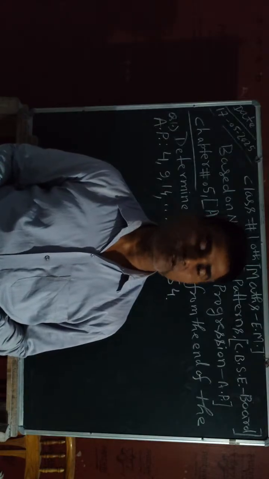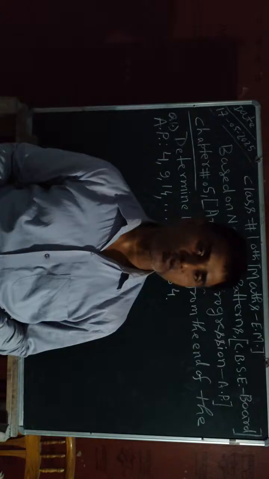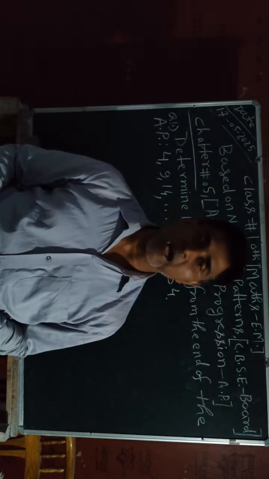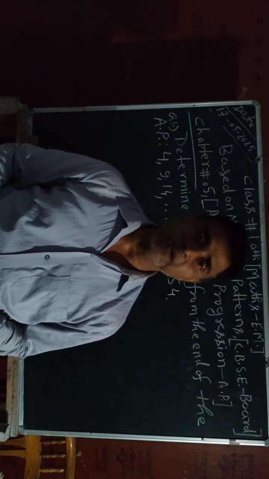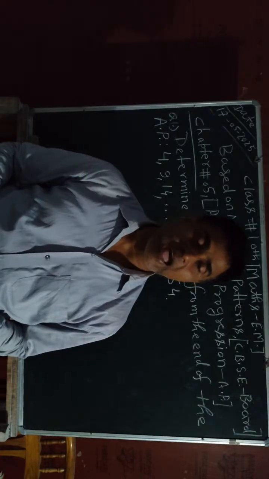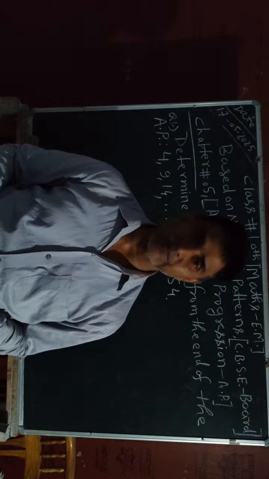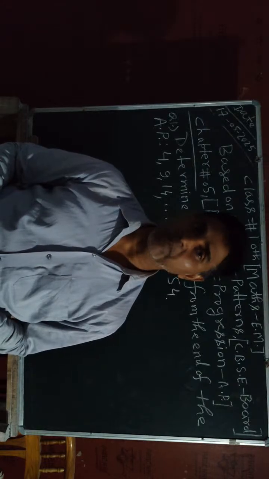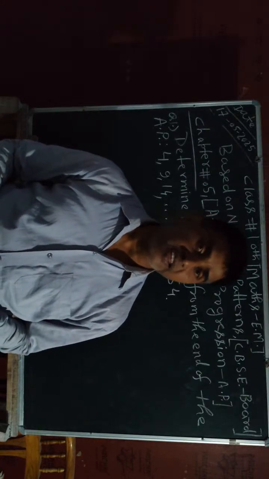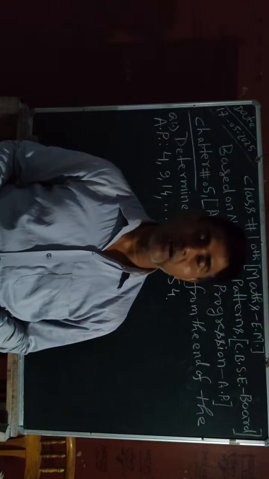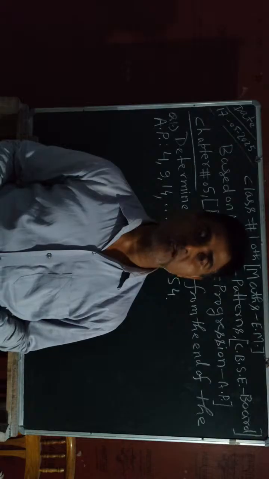The definition of sequence I have also defined, and I have also explained the concept of progression and then arithmetic progression. First of all, here I have to explain the concept of the nth term of the AP series, which is equal to the last term of that AP series.